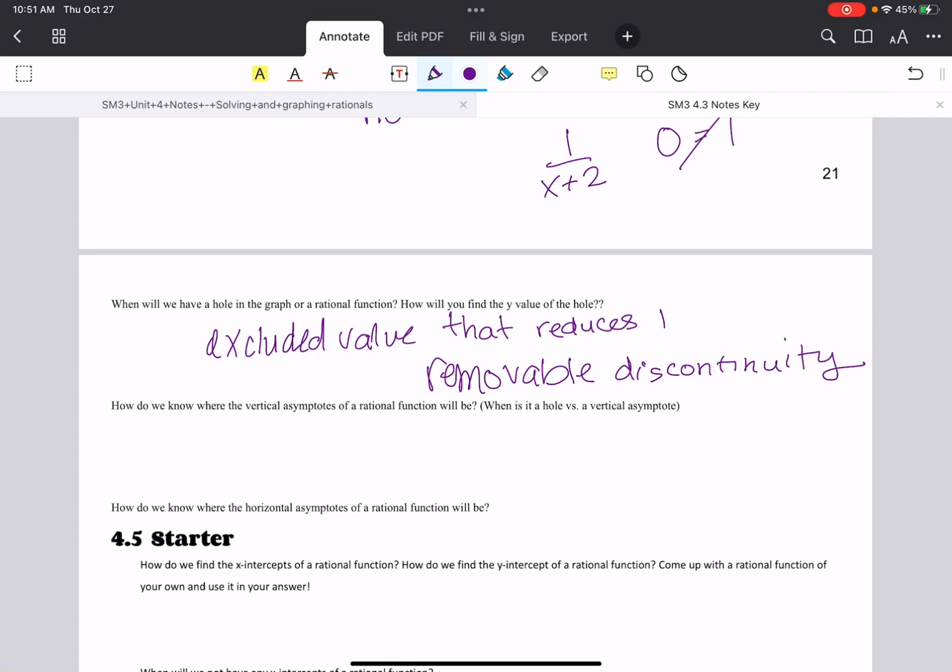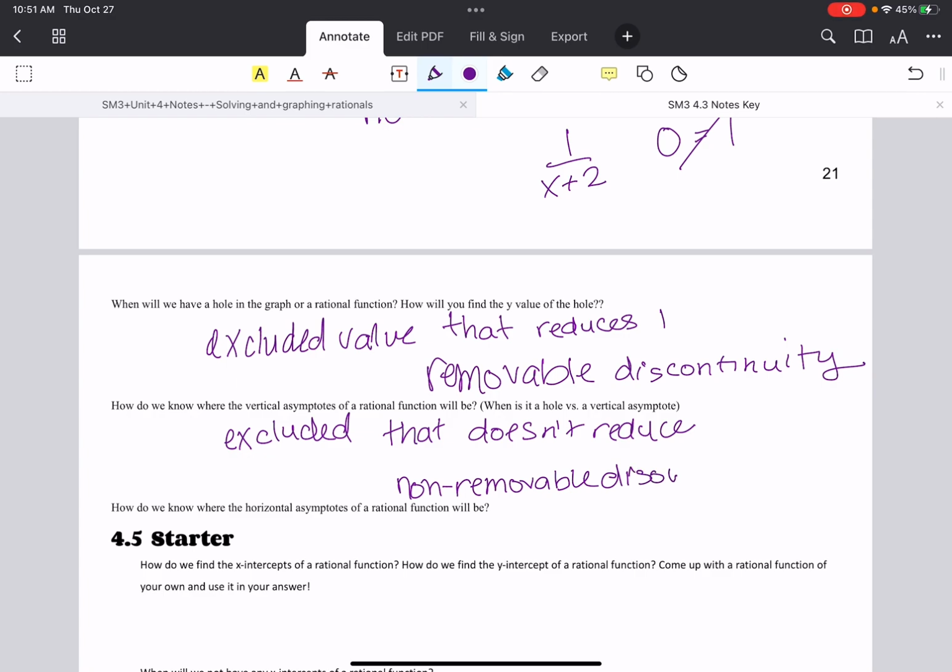The vertical asymptote is the excluded value that doesn't reduce. Non-removable. You can put non-removable.